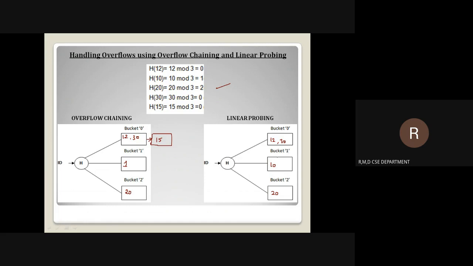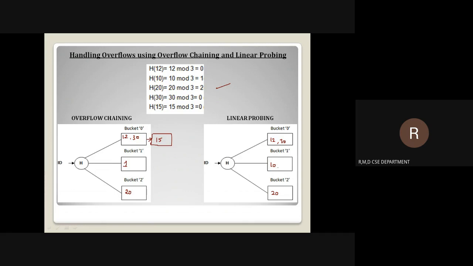But here in linear probing, strictly, no overflow chains are allowed. So the overflow record will be stored in one of the initial set of buckets. Initially we had 3 buckets, so in one of the 3 buckets, the overflow record will be stored. The hash value 15 results in bucket number 0, and bucket number 0 doesn't have any space in it.